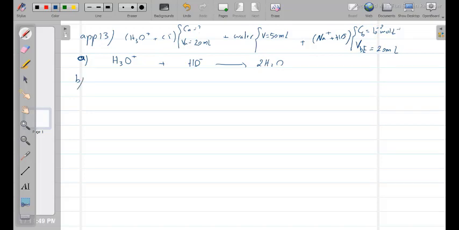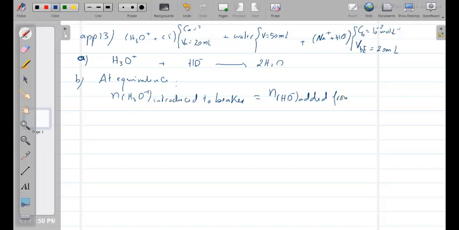B. Determine the concentration of the hydrochloric acid solution at equivalence. The number of moles of H3O plus introduced to the beaker equals the number of moles of HO minus added from the burette.